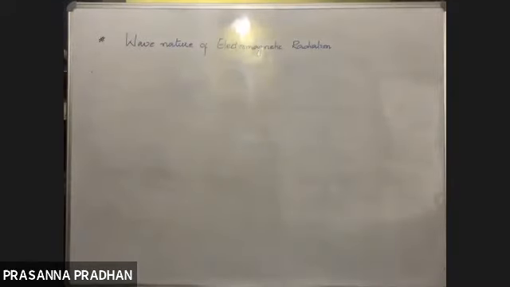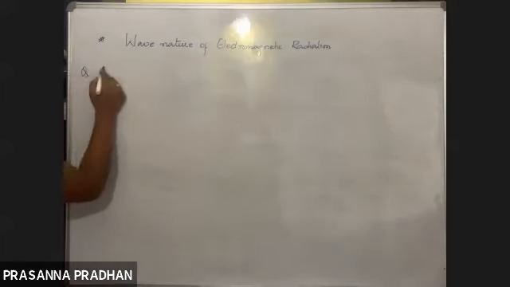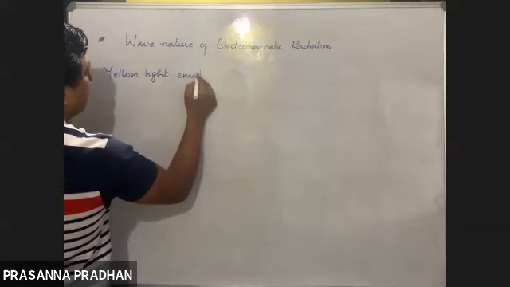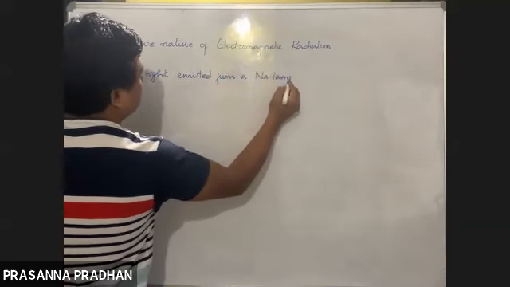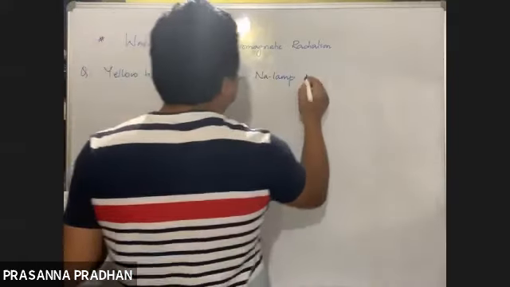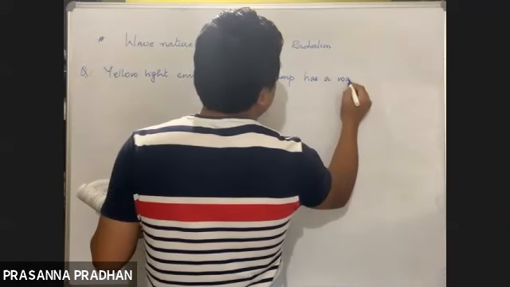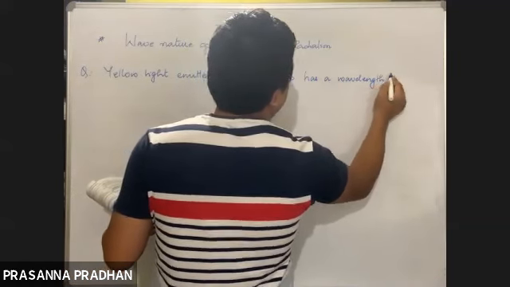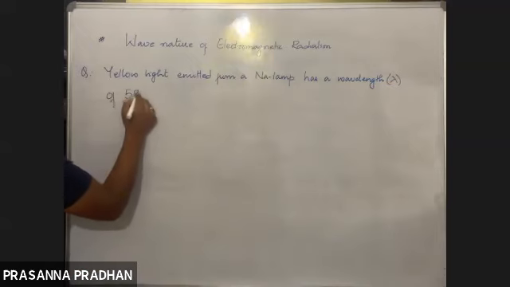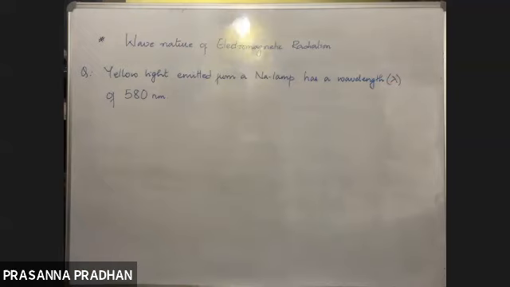I'll give you a simple problem to start with. Yellow light emitted from a sodium lamp has a wavelength of 580 nanometer.